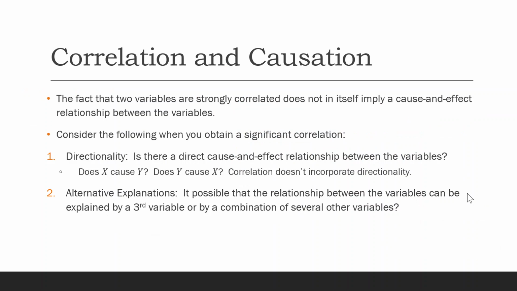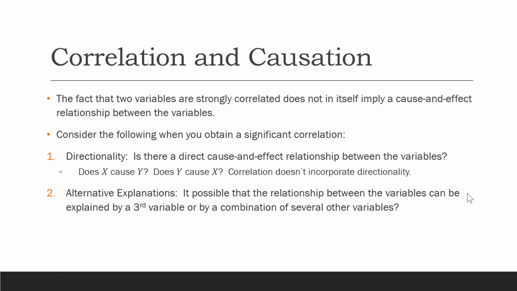But these are a couple of reasons why we can't say that our X causes our Y to behave in a certain way. One is the directionality, and it's something that I pointed out when we looked at that formula.